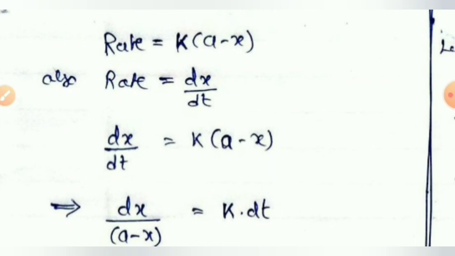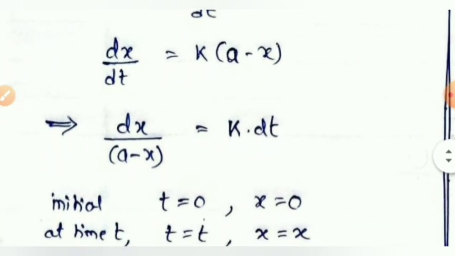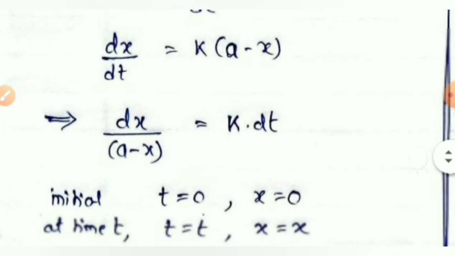Now we have to modify this equation, keeping the same variables on the same side. So we will get dx upon A minus X equal to k into dt.